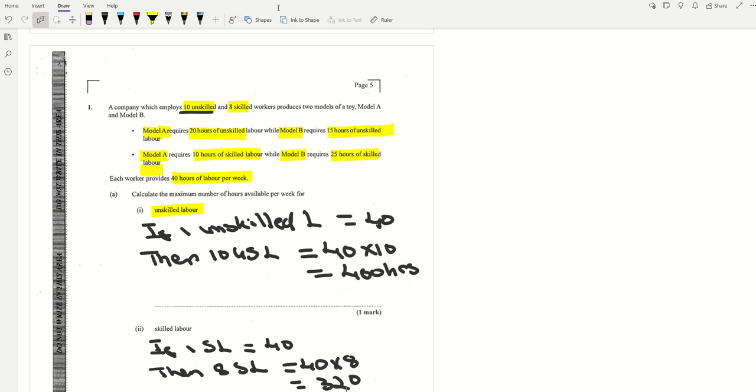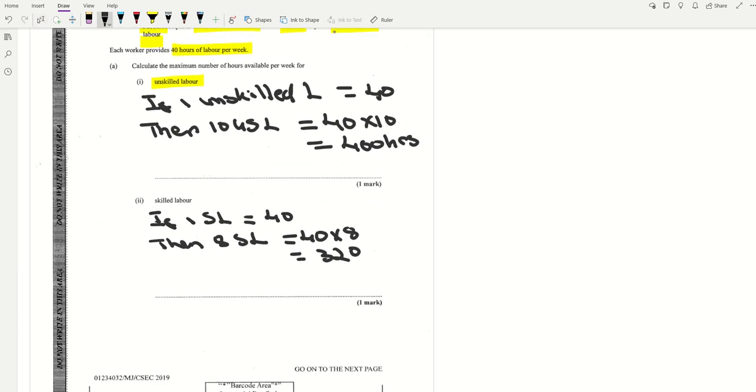And that would be the answer for this question here. Right, they just want to know the total number of hours that all the unskilled laborers are working, which is 400 hours. And for the skilled laborers, it's 320 hours.